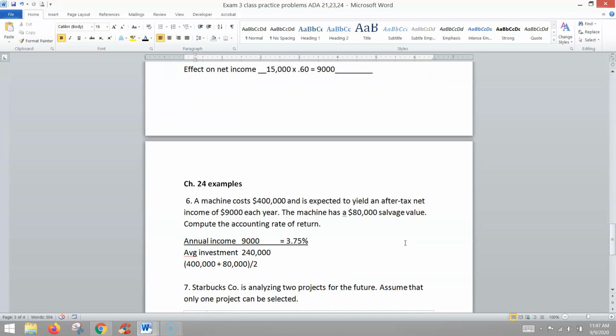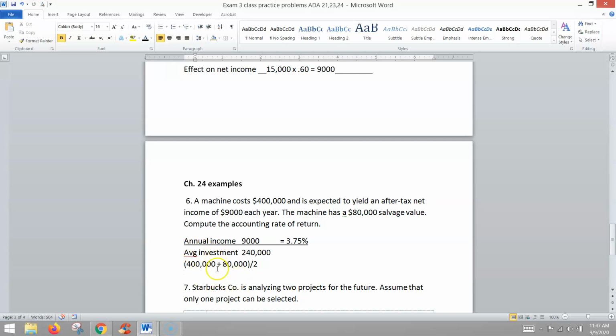On Chapter 24, a machine costs $400,000 and is expected to yield an after-tax net income of $9,000 per year. The machine has an $80,000 salvage value. Compute the accounting rate of return. The formula is annual income divided by average investment. We have our annual income of $9,000. We calculate the average investment by the book value at the beginning of its life and the book value at the end of its life.